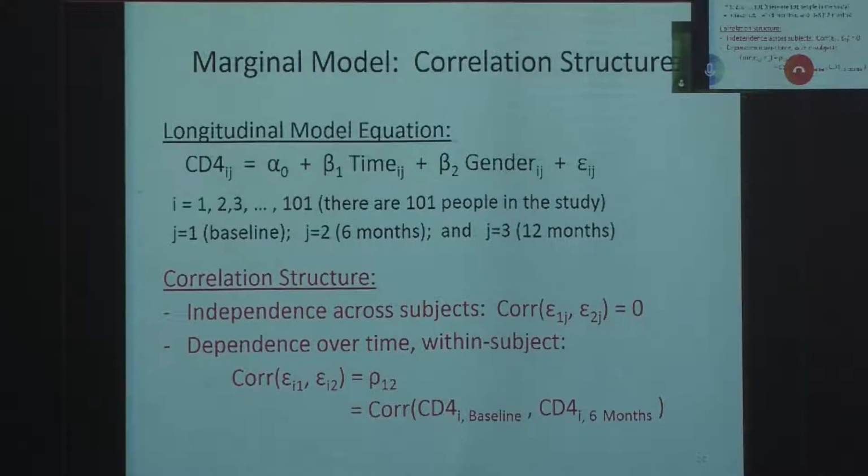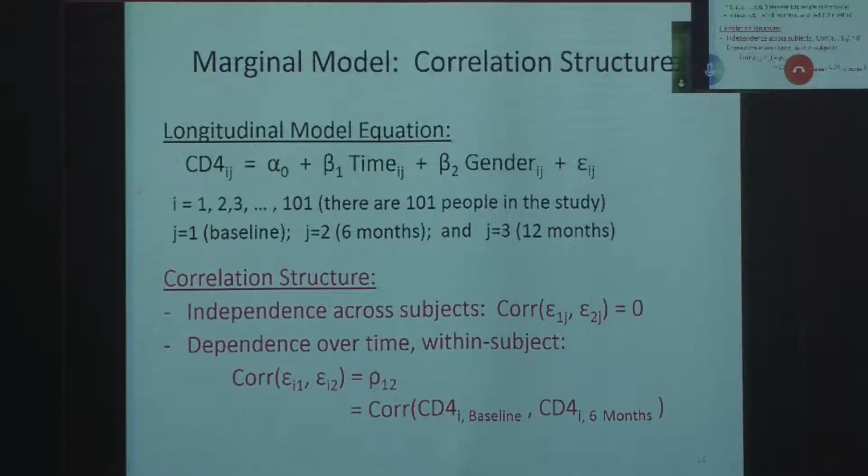The second bullet, though, says that the correlation between epsilon i1 and i2 is not 0. And if you like, I've taken these epsilons and translated them into CD4 counts. So the correlation for patient i between their baseline CD4 count, that's what j=1 represented, and that same person's 6-month CD4 count, that's not 0.